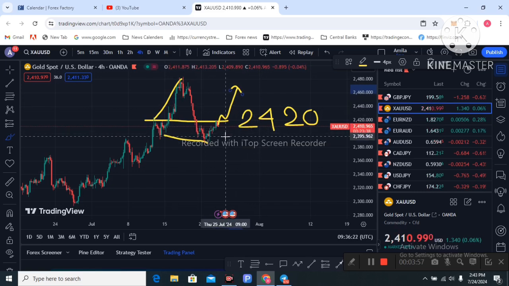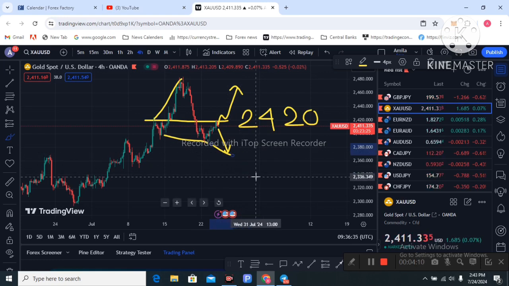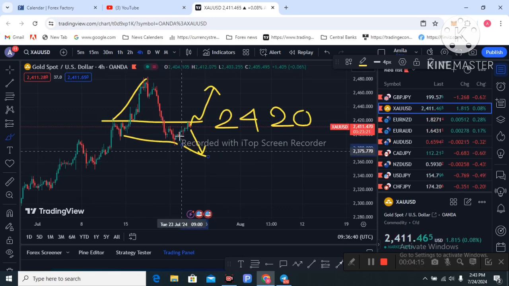If price is not able to break this level, it will drop to the downside, and the target is 2375. So technically, remember this Quasimodo pattern, the QM sell level is 2420.